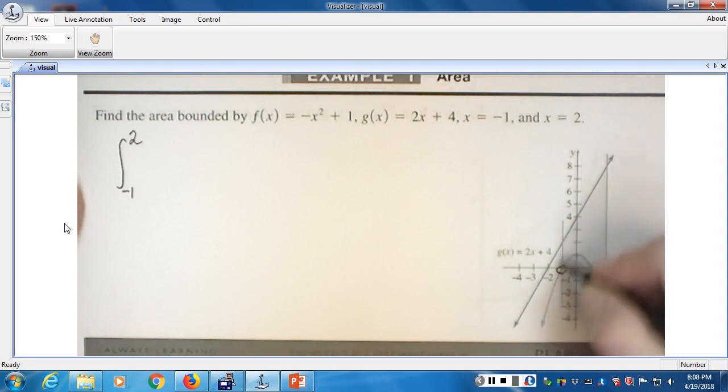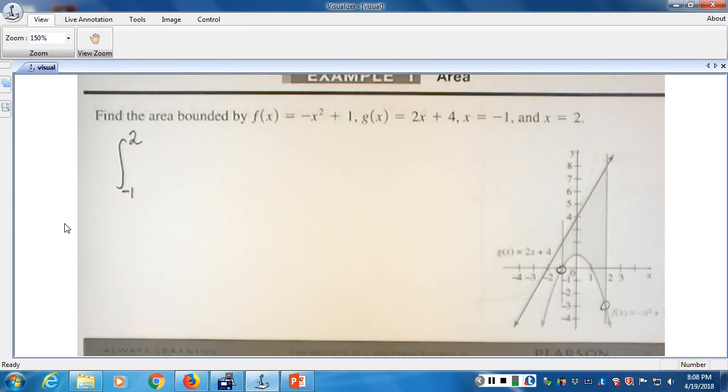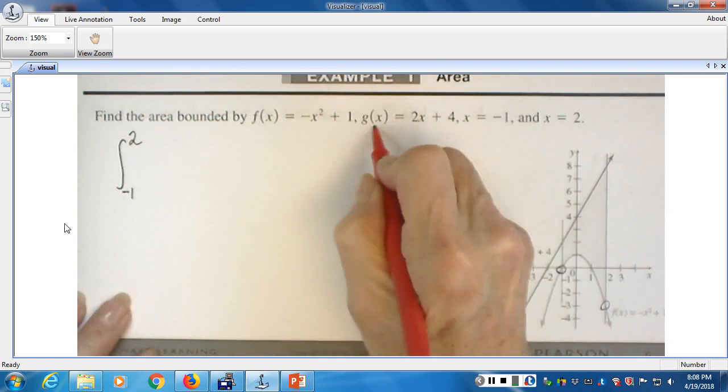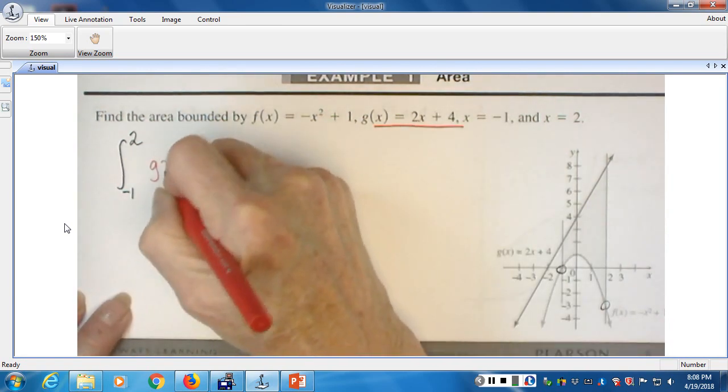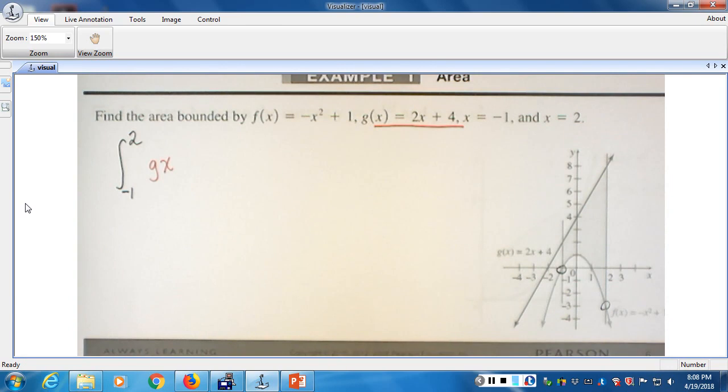And we notice that g of x is always on top, and that f of x is always on the bottom.